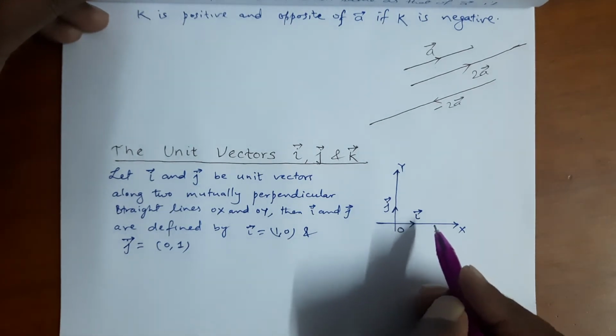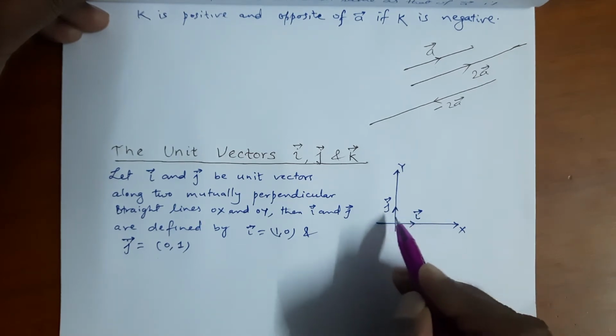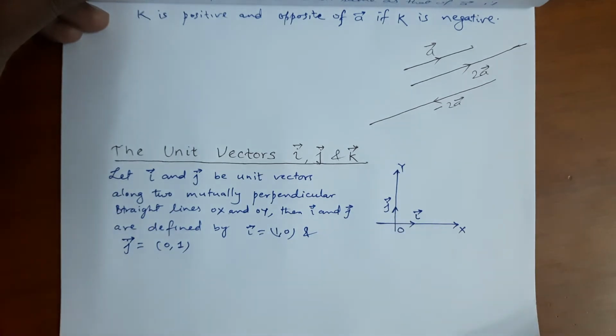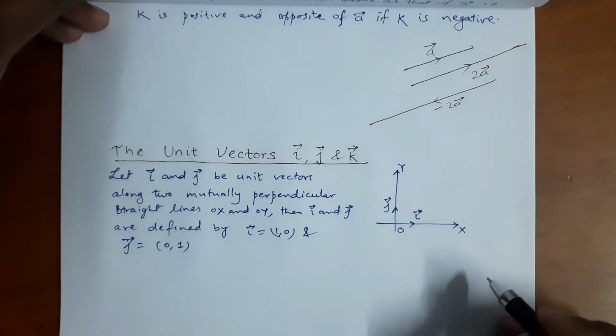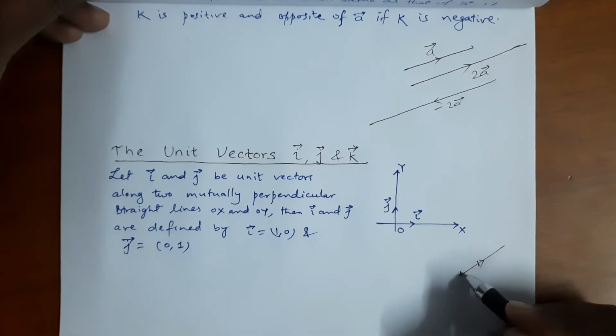In the beginning, there is a chance that students may be confused between I, J and other types of unit vectors. If the length of a unit vector is 1 along some other direction, there is a chance that a student may write I for this also.